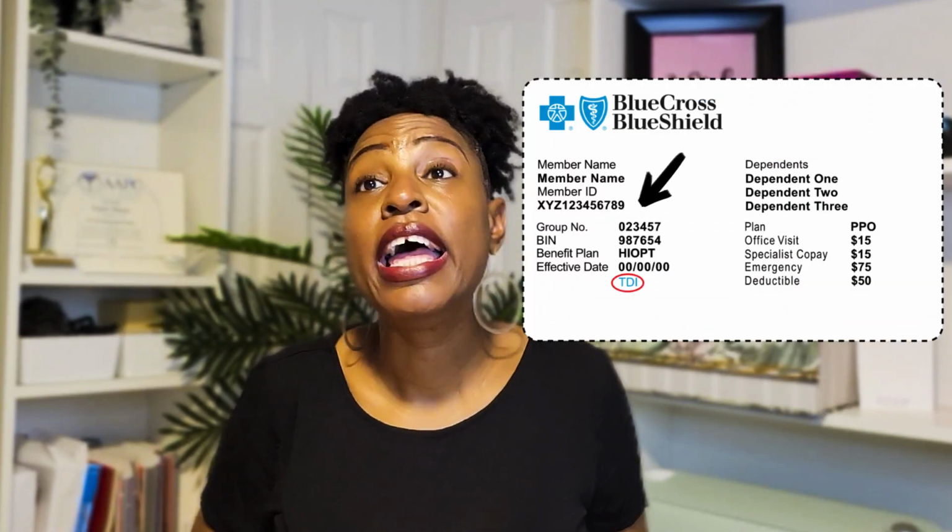Your ID numbers can be numerical for certain insurances, or it can be alphanumeric for others. It's just how the insurance wants to identify the subscriber or the insured. They will decide how many digits are in the ID number and what it looks like, as far as it being letters or numbers or a combination of both.